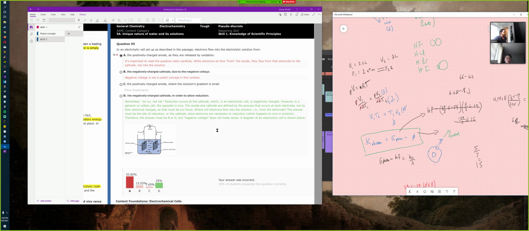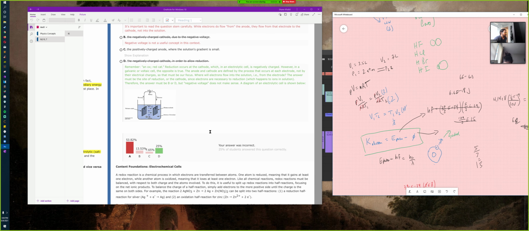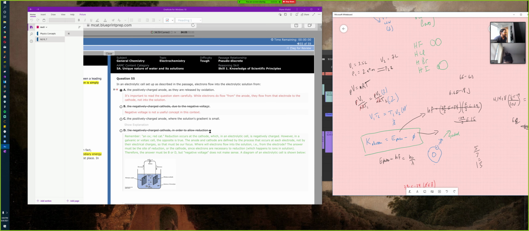All right, the next one is the electrolytic cell. This one is confusing. Okay, so let's see. Electrons flow into the electrolytic solution from.